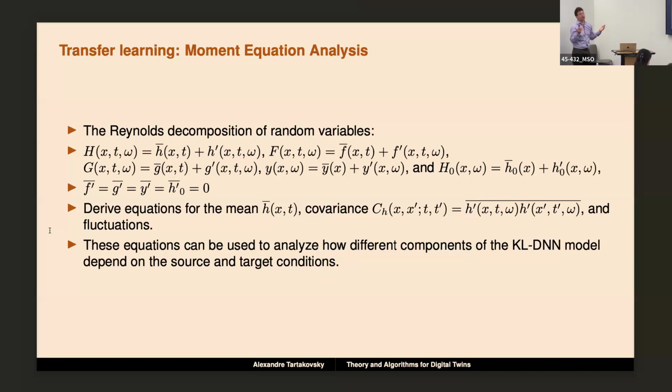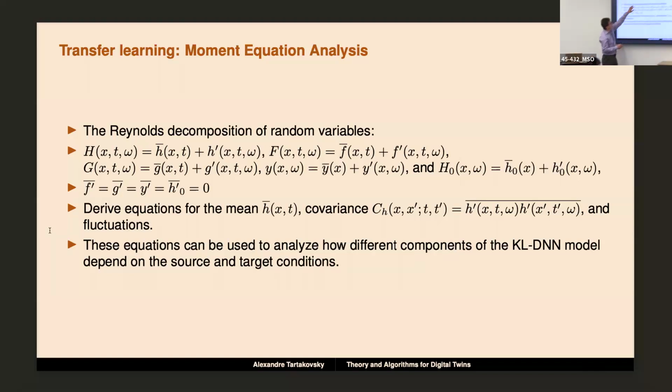So how we do our analysis: we use the so-called moment equation analysis for stochastic differential equations. The idea of the moment equation analysis is to start with the stochastic partial differential equations and then derive deterministic equations for the leading moments, for the mean, covariance, etc. So how do we do this?